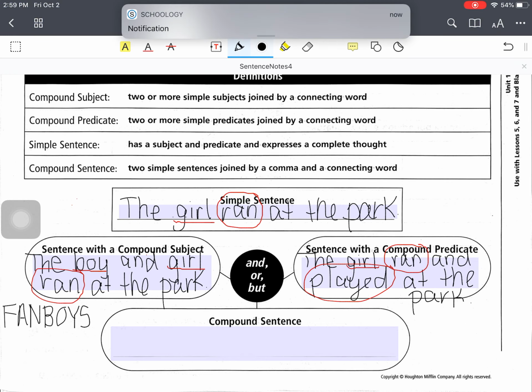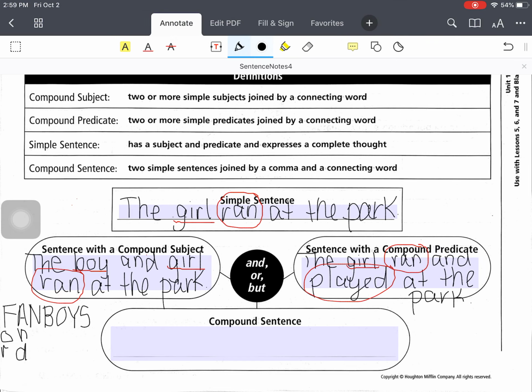So the F stands for for, the A stands for and, the N stands for nor, the B stands for but, the O stands for or, the Y stands for yet, and the S stands for so. So fanboys are all of your conjunctions. So those are those connecting words that they're talking about.